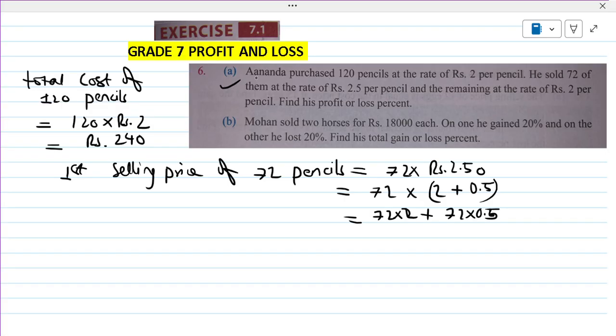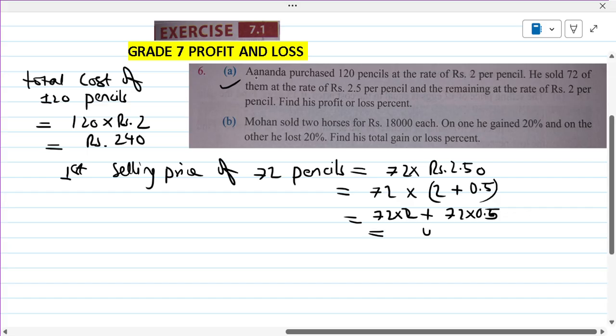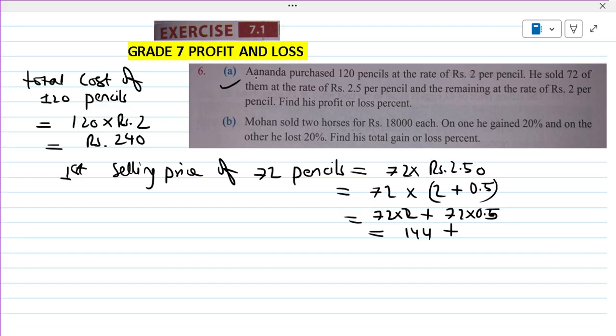So 72 into 2 is 144, and 72 into 0.5: 0.5 is half, so half of 72 is 36. Then adding, we get 180. So 72 into 2.50 is 180. So the selling price of the first 72 pencils is rupees 180.